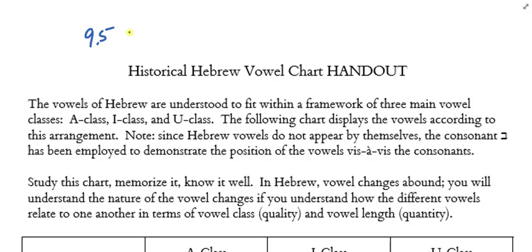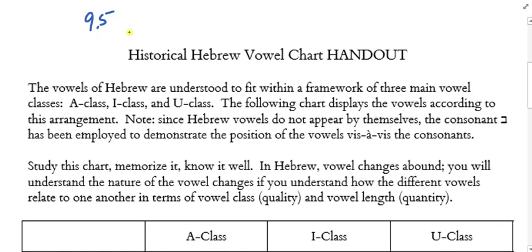The reason I called it simplified was because we basically took the vowel sounds that you know in the English language, and we mapped the Hebrew vowels onto the vowel system you know. But the reality seems to be that in ancient Hebrew, they probably really thought of their vowels in terms of 3 vowel classes rather than 5, A, I, and U.